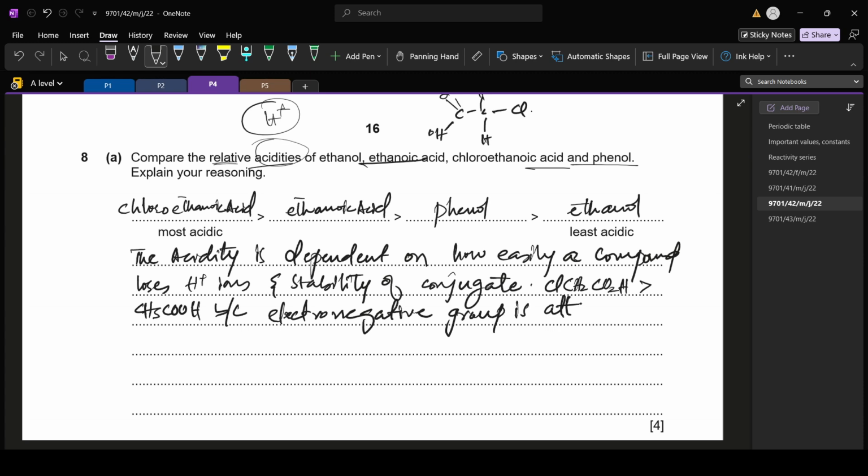This electronegative group will attract electrons towards itself, so the OH bond will be weakened.